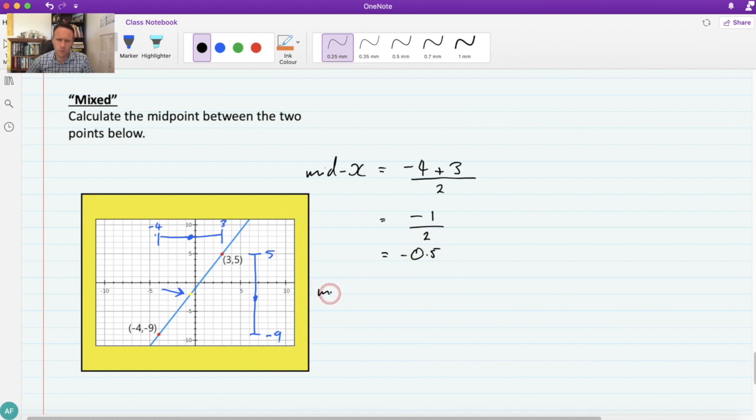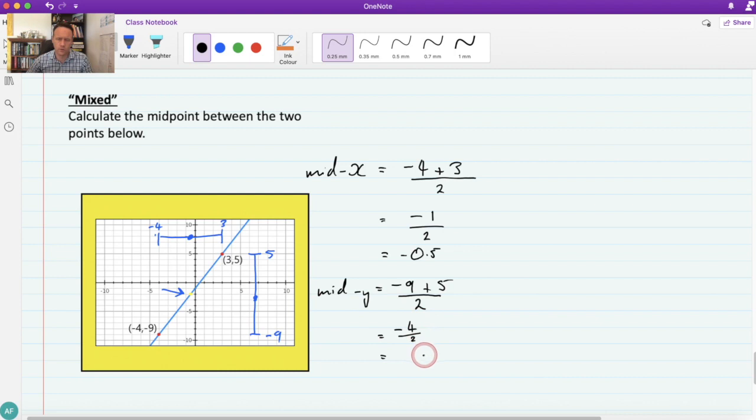Then the midpoint of y, we do the same thing. The first y point is -9 plus the second y point, which is 5, divided by 2. -9 plus 5 is -4, divided by 2.